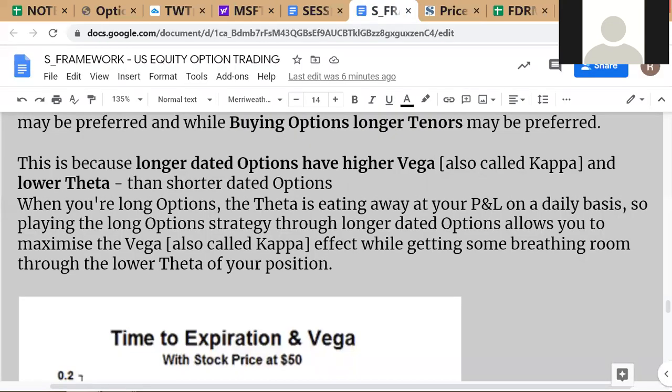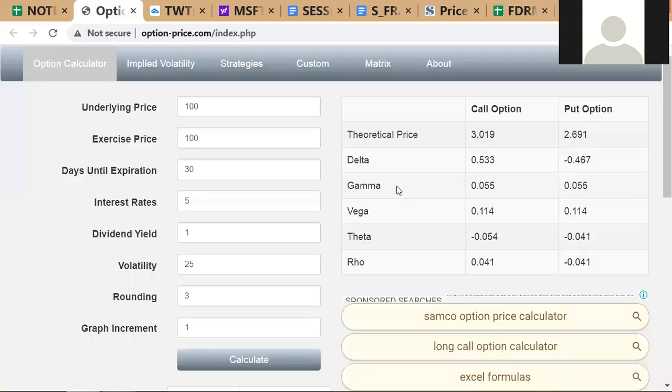There's a little bit of a disturbance in the background, just ignore it. So if you want the highest bang for your buck, you want to buy options with higher vega, because what is the meaning of an option which has higher vega? A higher vega option means that if there is a unit change in this input, this option price will respond much more dramatically than when there's a lower vega.